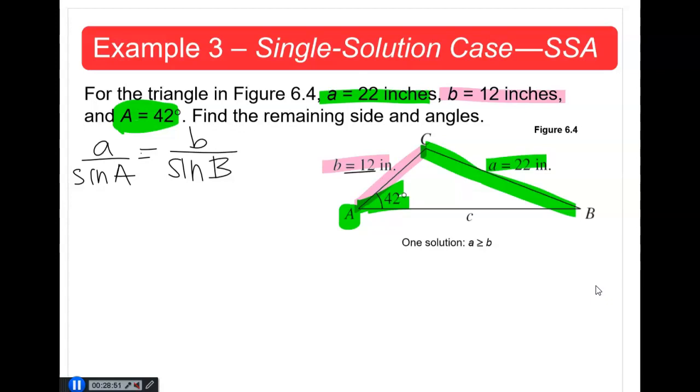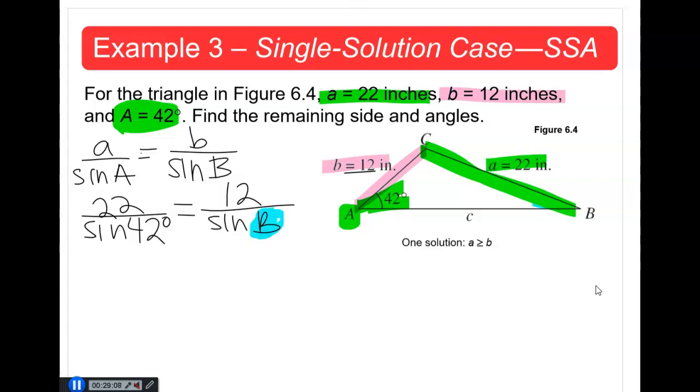So by substituting, lowercase a is 22, sine A is sine of 42 degrees, lowercase b is 12, and then we're looking for uppercase B. That is our goal, to find that angle right here, angle B. So what I'm going to do is take sine B to the right side, so it will be multiplying.